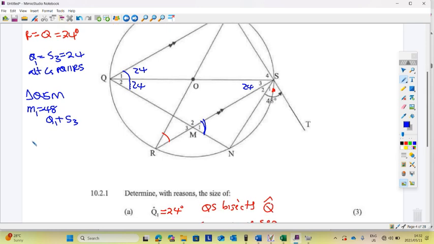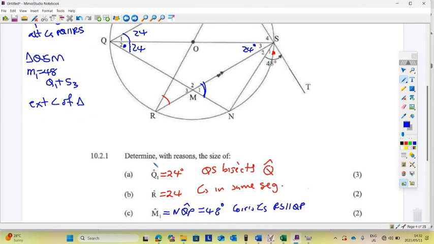And the reason for that, that will be external angle of triangle. We are saying this one here is equal to this one here plus this one, they give us this external angle of a triangle. That is 48 degrees. That is another method that you could have used there.